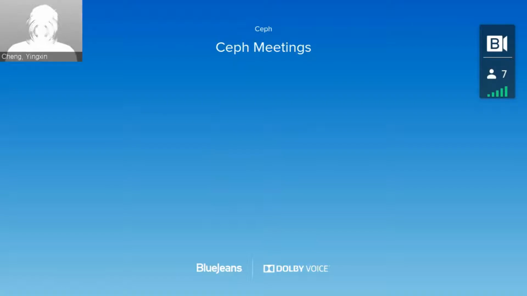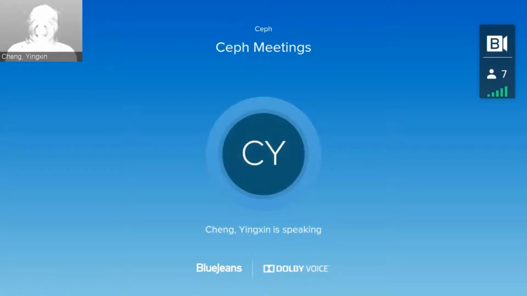Last week I reviewed the random block manager, and I'm also looking at the Messenger v2 protocol implementation.